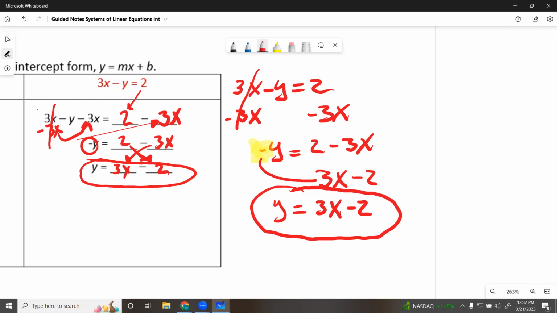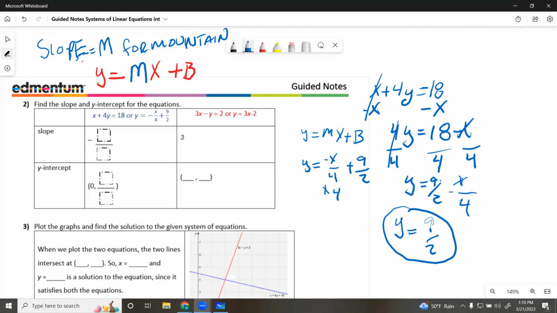Let's move on to number 2. Find the slope and y-intercept for the equations. This takes forever. Okay, trying to get back into this. It took me a little bit to try to figure out what was going on here. So they want us to solve for the slope and the intercept.